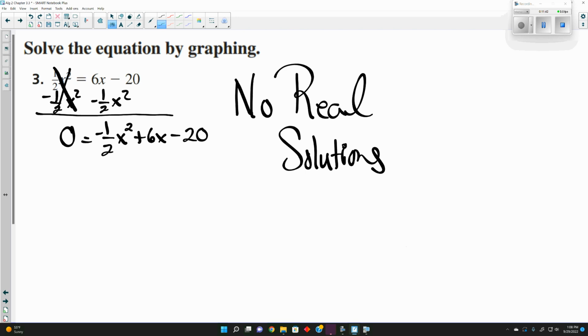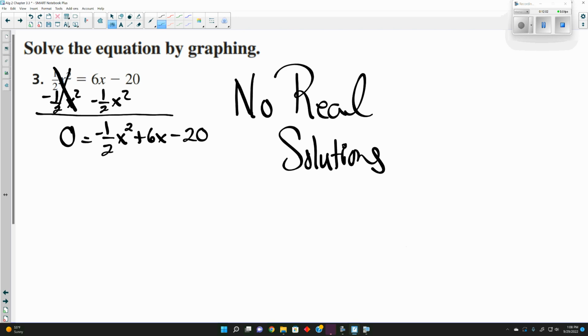This one still has 2 solutions, they are just not real solutions. We talked about this in chapter 1, that there are such things as not real numbers. And once we cover those kinds of numbers, we'll come back to problems like this and solve it.